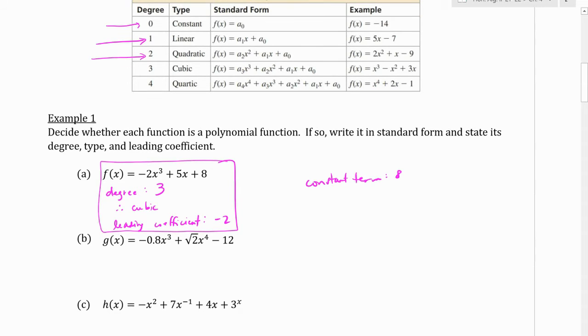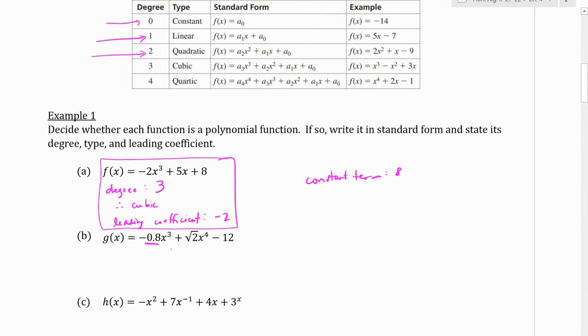This next one's not in standard form, but negative 0.8 is a real number. The square root of 2 is a real number, and negative 12 is a real number. And the exponents are 3 and 4, both whole numbers. This is a polynomial function. If we wrote it in standard form, we'd have to put the x to the 4th first, and then the x cubed, and then the constant term.